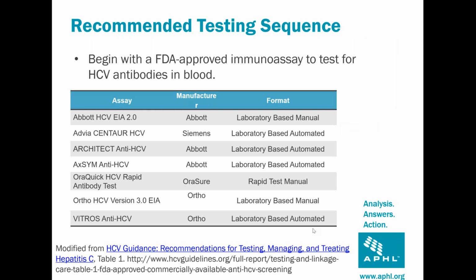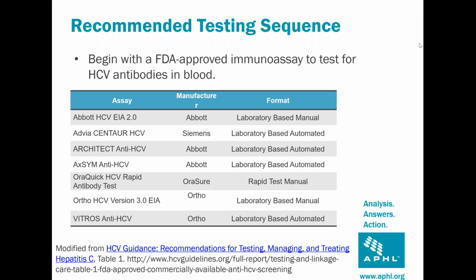So the recommended testing sequence is that you begin with an FDA-approved immunoassay to test for HCV antibodies. And unlike the long list of assays that Monica was showing for HIV, we do still have a number of assays.